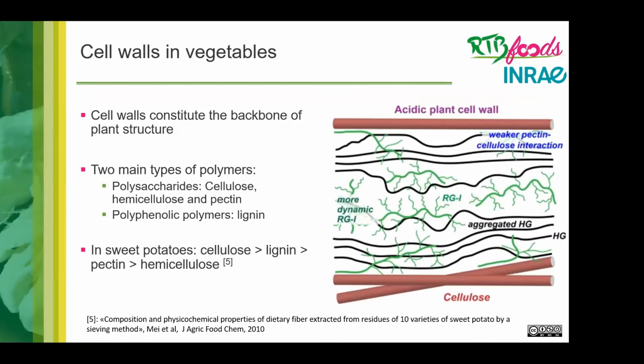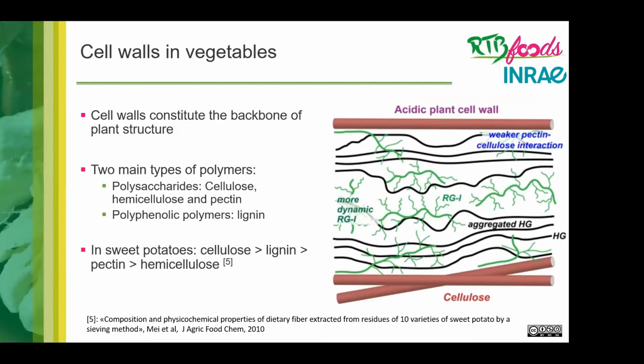So cell walls in vegetables constitute the backbone of the plant structure and are composed of 2 main types of polymers. There are the polysaccharides, cellulose, hemicellulose, and pectin, with pectin being more in the middle lamella and in the primary acidic plant cell wall.